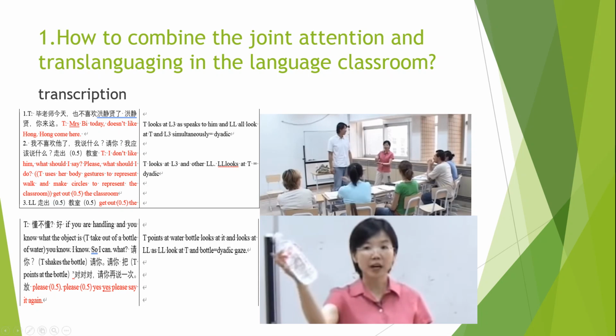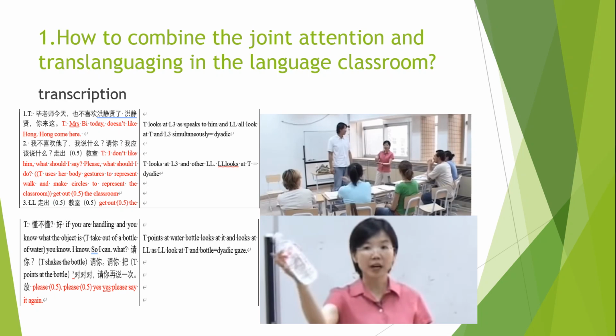From the transcription we can see when the teacher is talking to learner number 3, all of the other learners look at them both, and the teacher will also look back at the learners to show whether they understand her meanings.